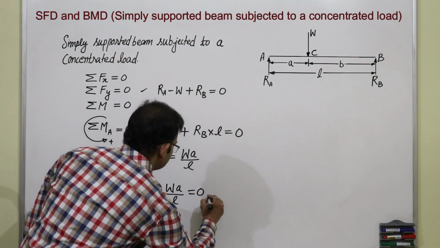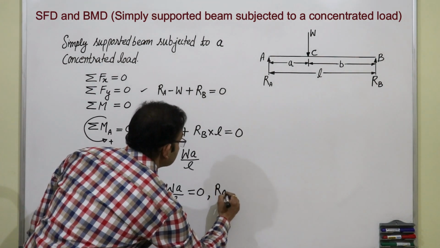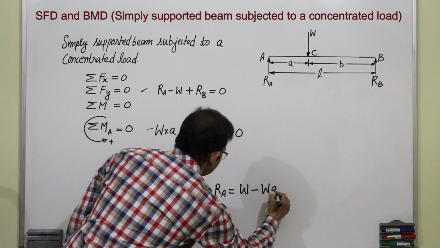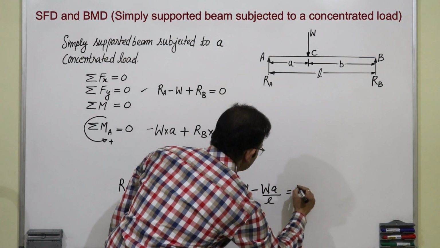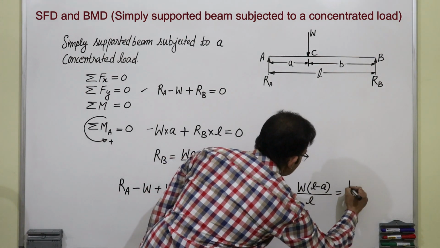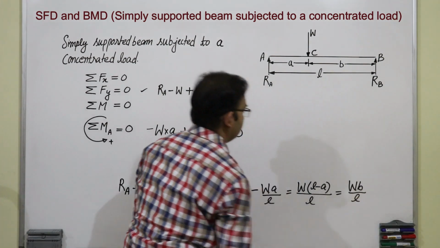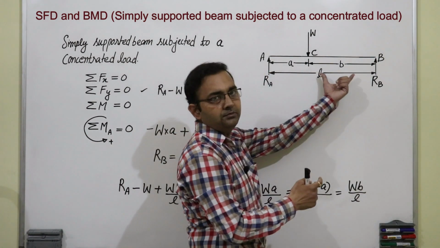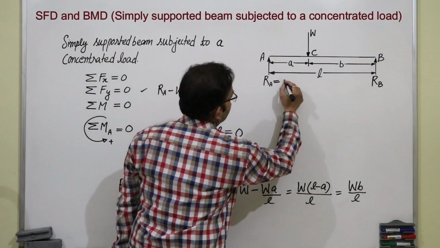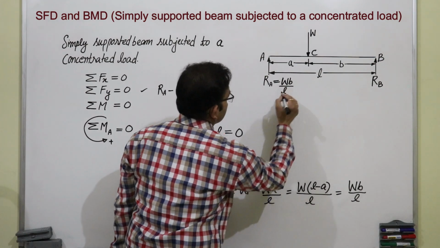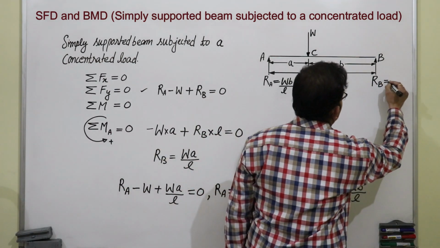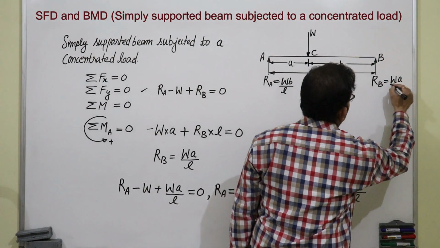So RA equal to W minus Wa upon L, which is W into (L minus a) upon L, equal to Wb upon L. L minus a is b. So RA is Wb by L and RB is Wa by L.